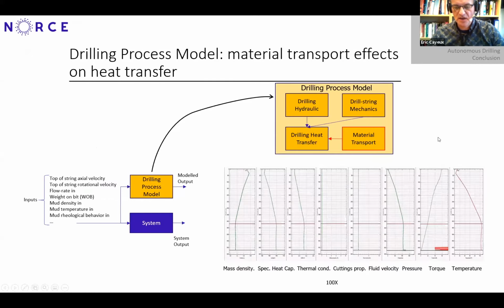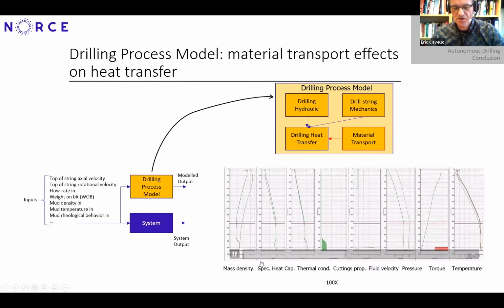So I can illustrate that with this animation, where we have a simulation where we are producing cuttings, which are shown here. And this production of cuttings is changing both the mass density of the fluid, which is circulated inside the annulus, but it's also changing the specific heat capacity and the thermal conductivity, as you can see here on those two traces.